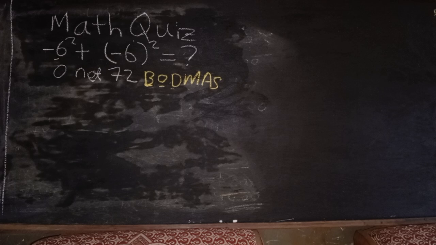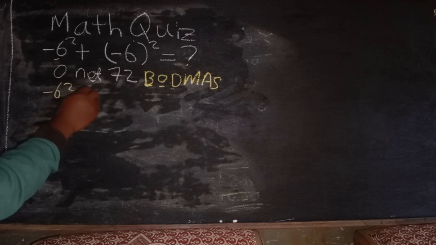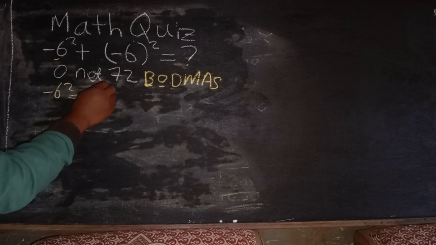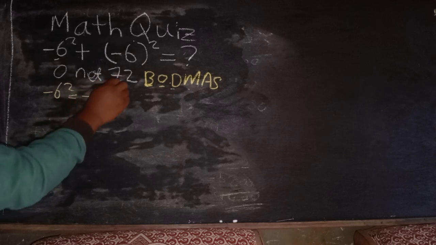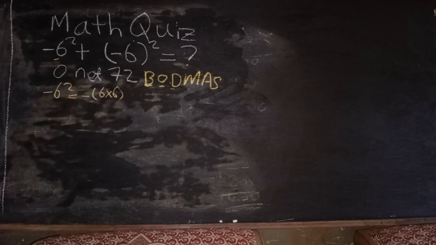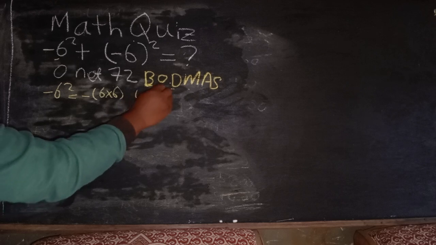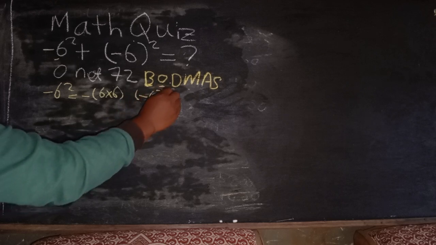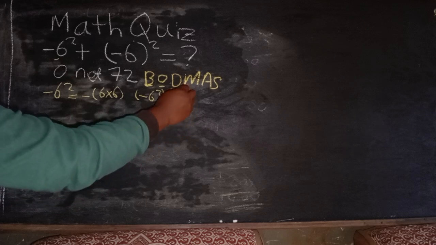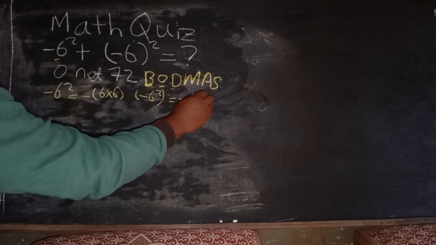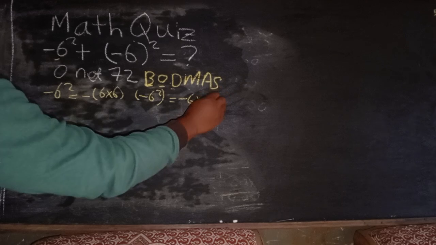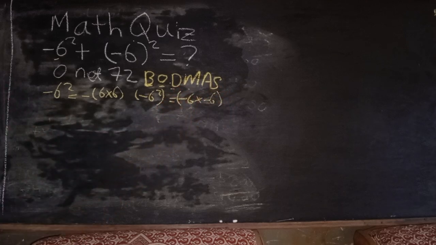According to order of operation, -6² means negative (6 times 6). Meanwhile, (-6)² means -6 times -6.